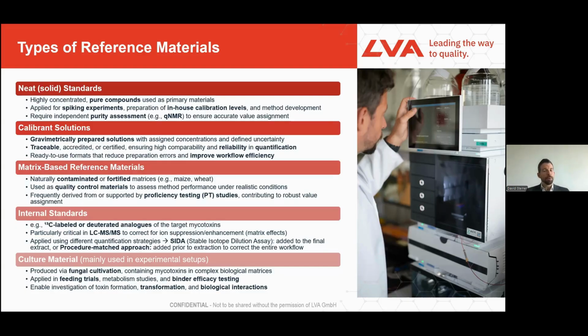A particularly important category are so-called matrix-based reference materials. These materials are either real or so-called simulated samples. That means they can either originate from naturally contaminated raw materials such as maize or wheat, allowing us to evaluate the analytical performance under very realistic conditions, including, for example, matrix effects, but also the extraction efficiency.